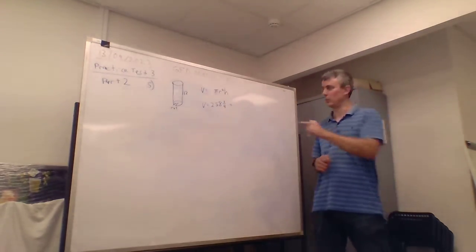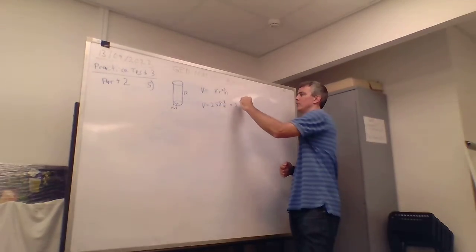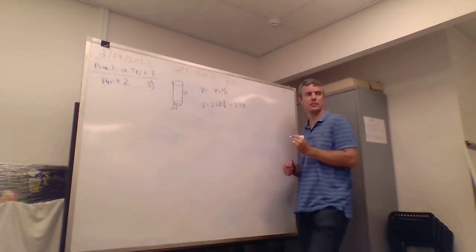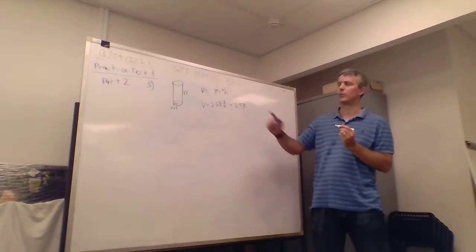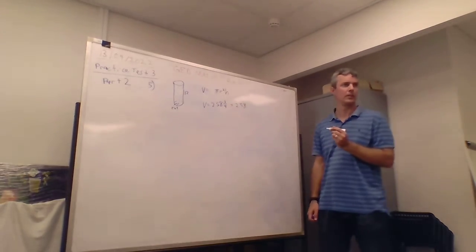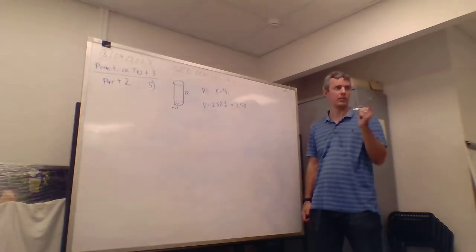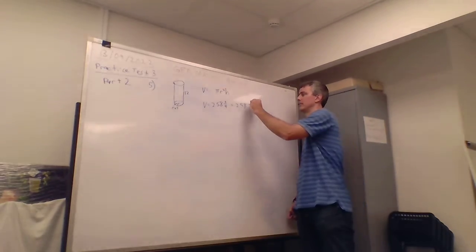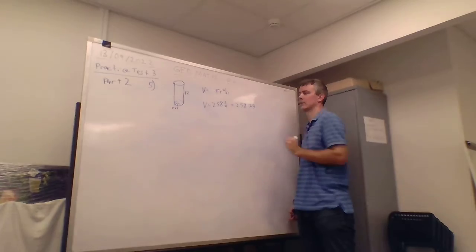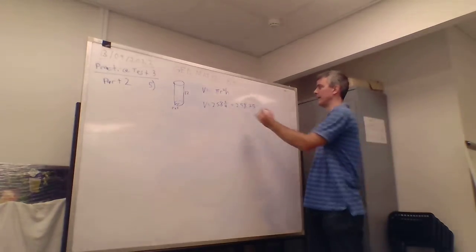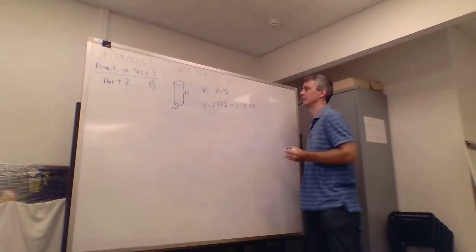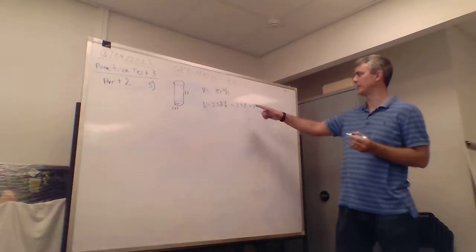What is 3/4 in decimals? It's 0.75. Yes. So 258.75. This is the volume we need to get to.